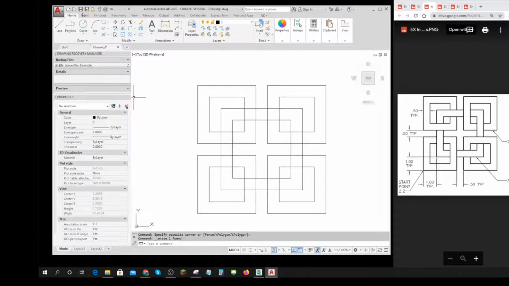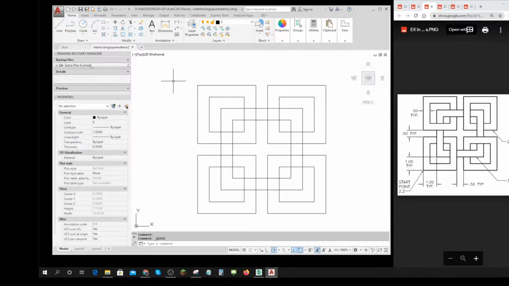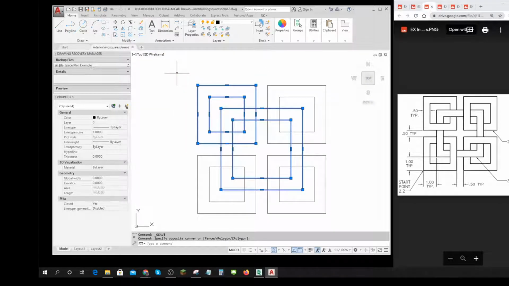Now, I would normally save because I just did something good. And I think I'm supposed to trim now. Remember, I said I trimmed little bits at a time.